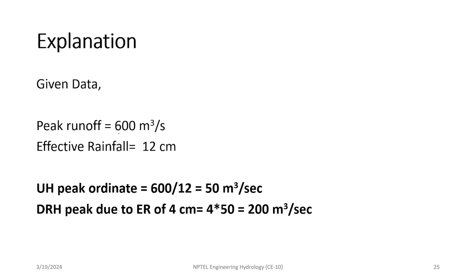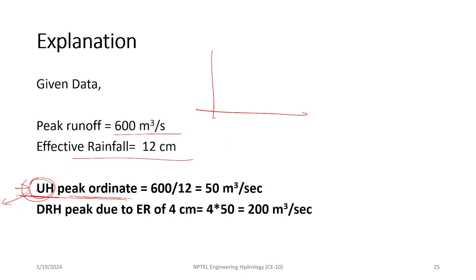So here we were having a peak runoff of 600 meter cube per second for 12 centimeter of effective rainfall. What we did, firstly, we computed the unit hydrograph. So the unit hydrograph P coordinate, keep in mind we are computing the UH.